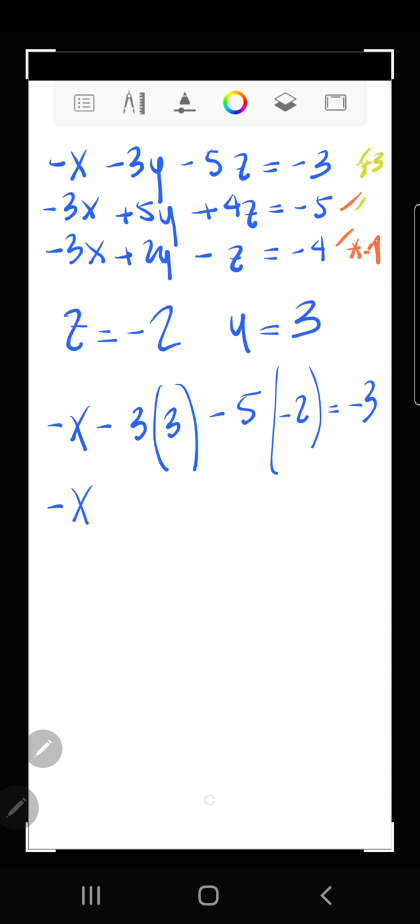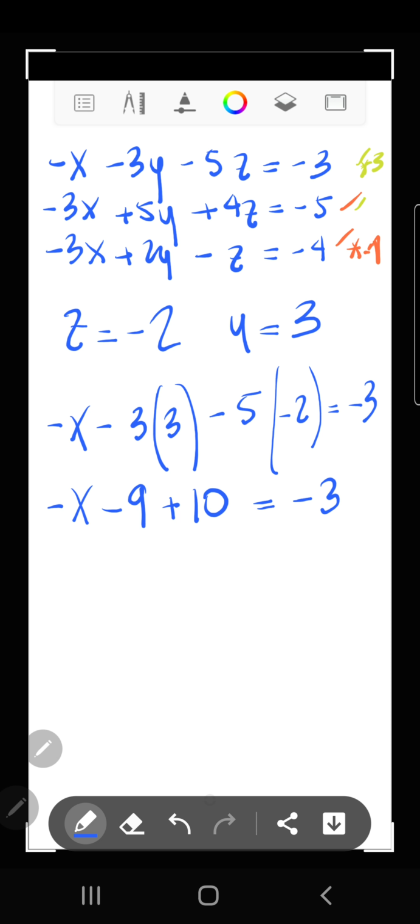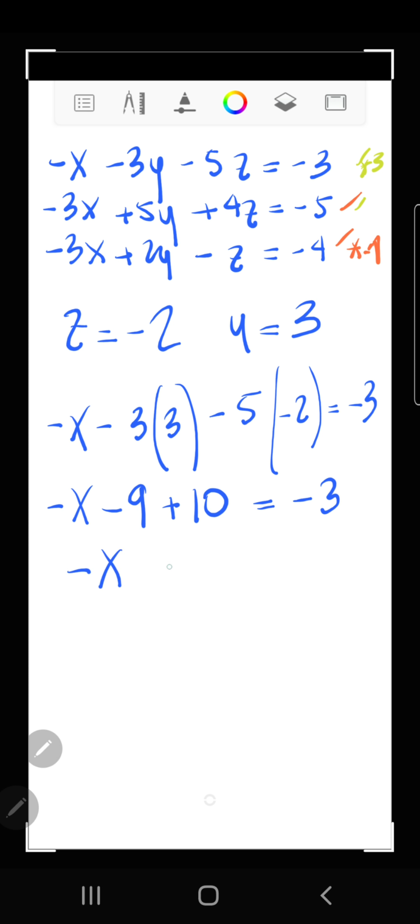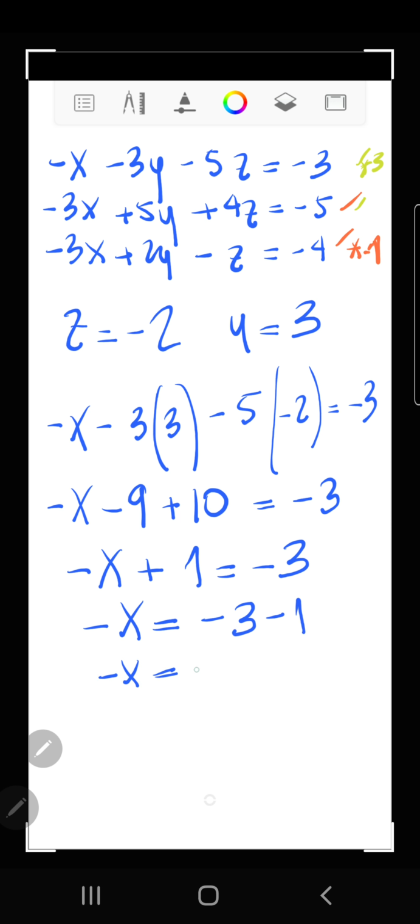So you have negative x minus 9 plus 10 equals negative 3. And now we add up these two values because they are like terms. You have negative x plus 1 equals negative 3. Now negative x is negative 3 minus 1. Negative x is negative 4, so x is 4.